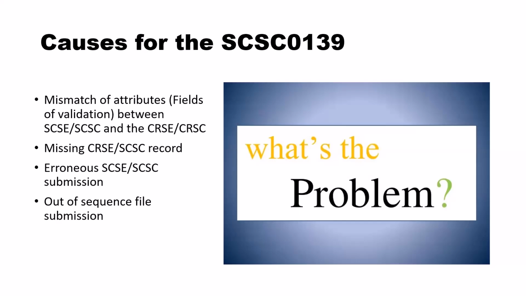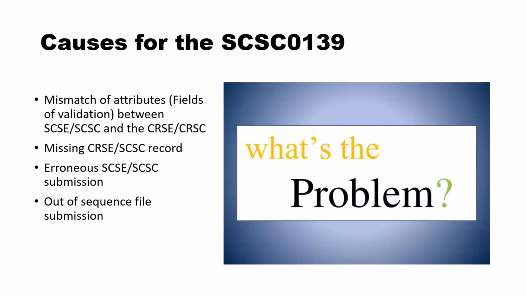It could be an erroneous student course section submission. Maybe the data is just a typo, whatever it is, the student course completion is erroneous. And then this error historically has triggered mostly when files were submitted out of sequence.